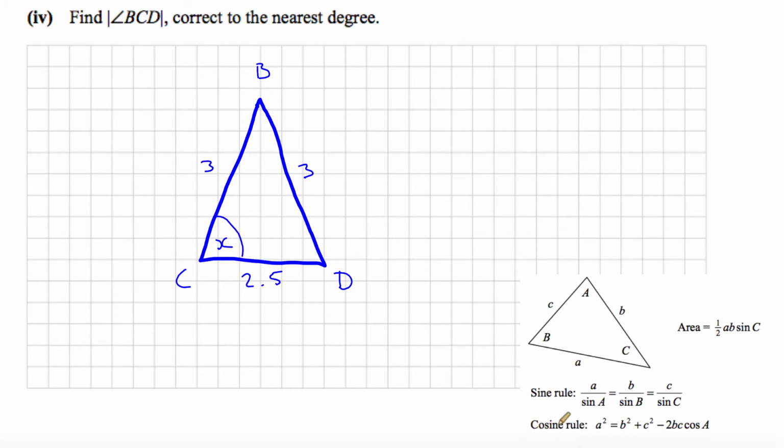So I'm going to use the cosine rule, which is down here, taking it from the tables book. All I need to do then is match up the correct parts. If X is my angle A, that's what I'm looking for. Then my sides, this here would be B, so that's going to go in there and there.